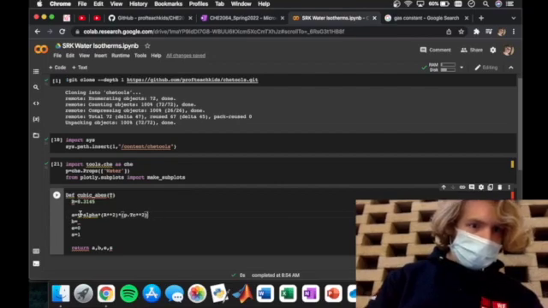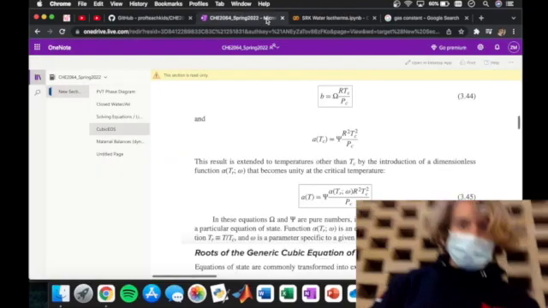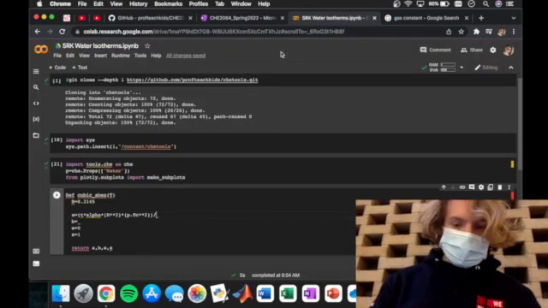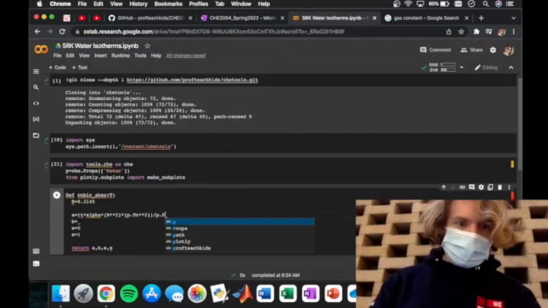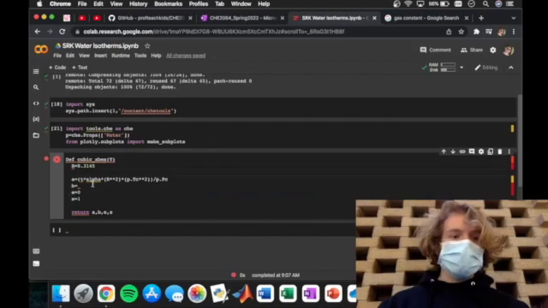And then we'll get some more parentheses going around all of this. And then that is all going to be divided by this critical pressure here. So we'll go P dot PC.